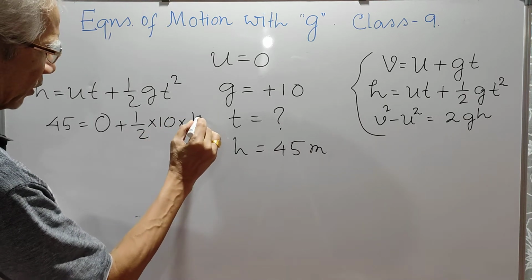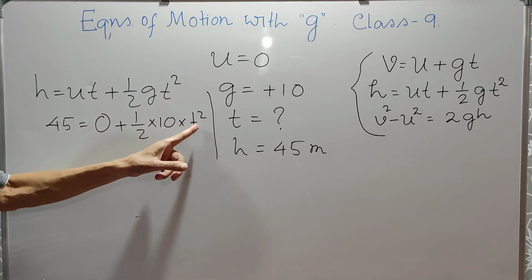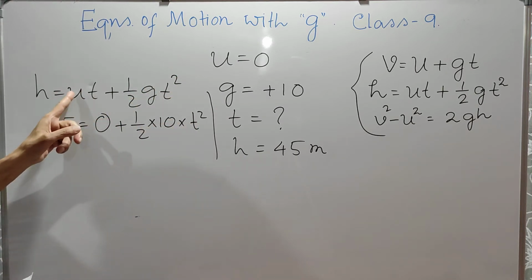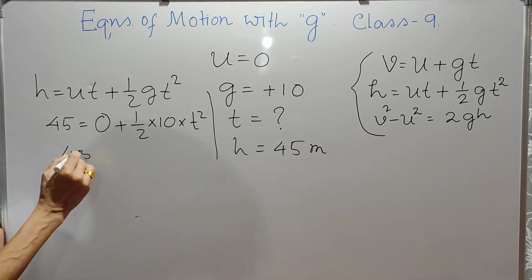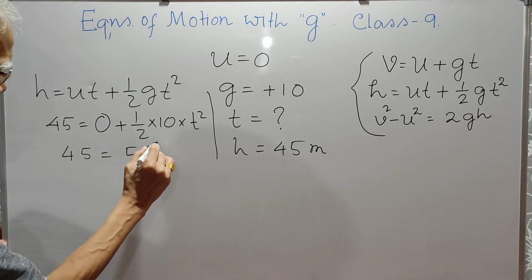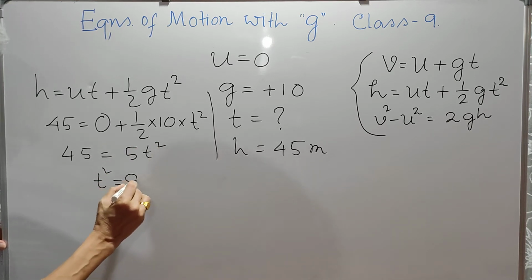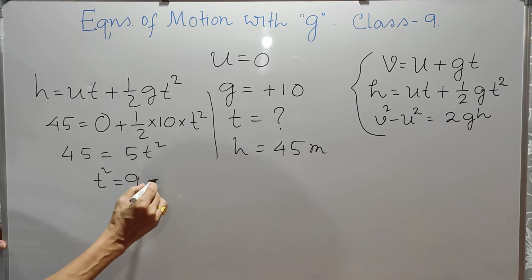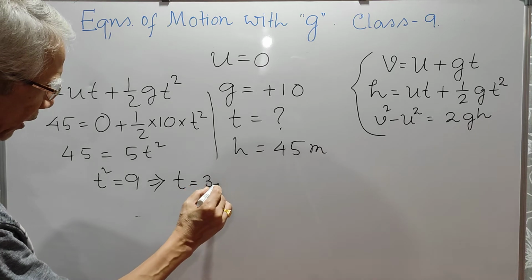Now this t you have to find out. Now 45 equal to 5t square. That means t square equal to 9. So this gives what? t equal to 3 seconds. This is the answer.